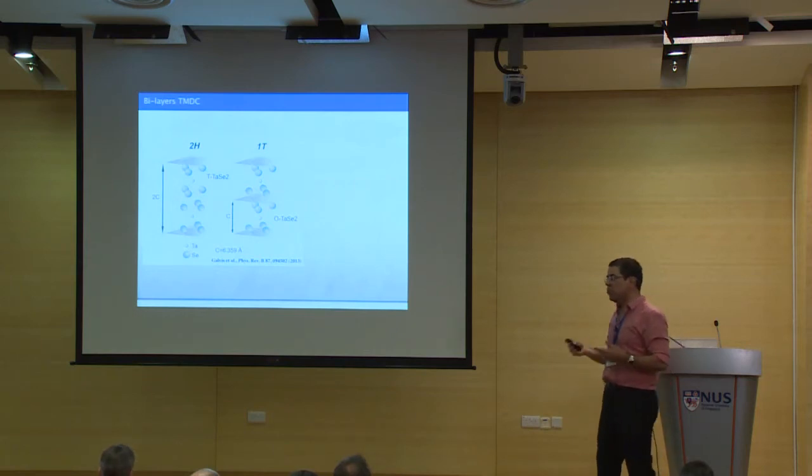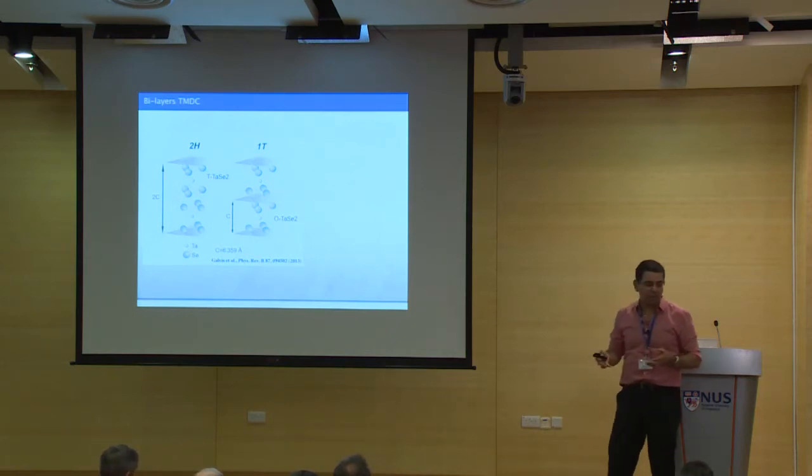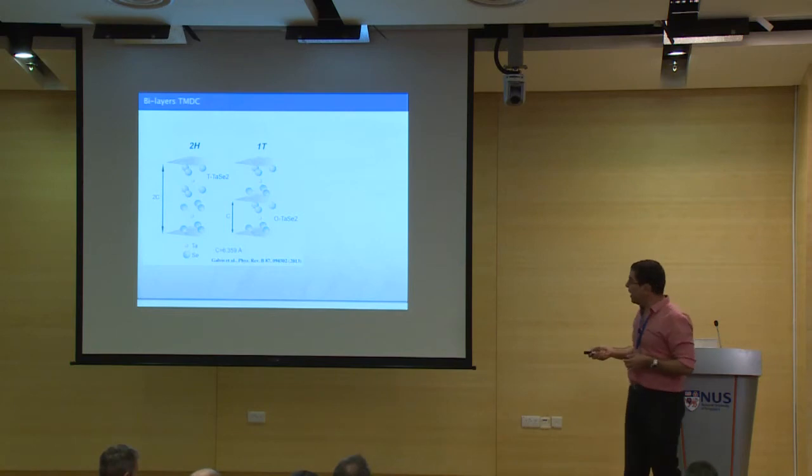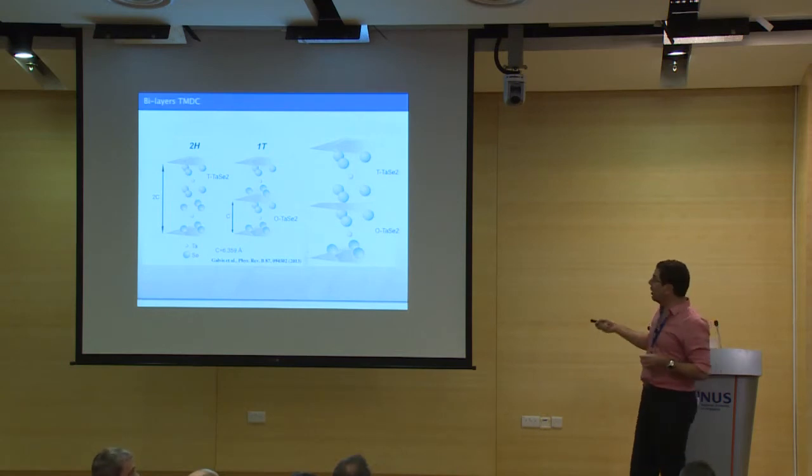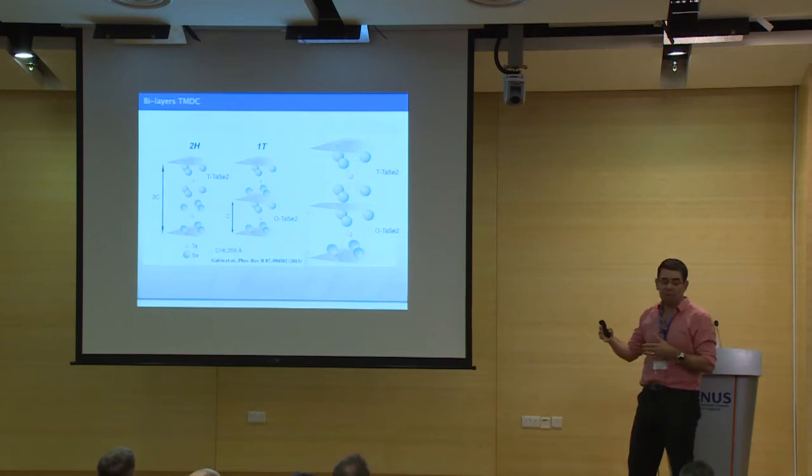But since we are now in the club of putting things on top of each other, we can imagine hybrids. If we can exfoliate a single layer of these materials, the unit cell of these crystals is naturally a bilayer. It's exactly like graphite and graphene: the unit cell of graphite is a bilayer graphene.